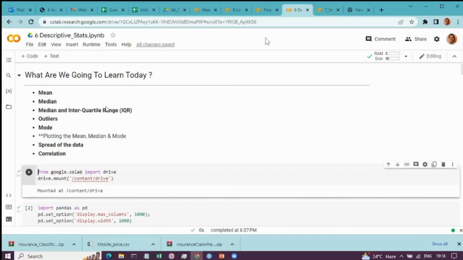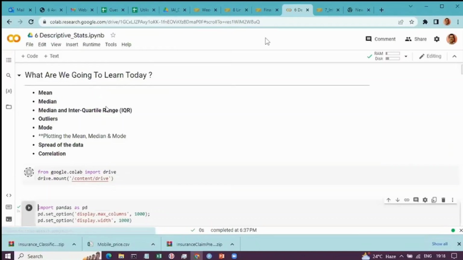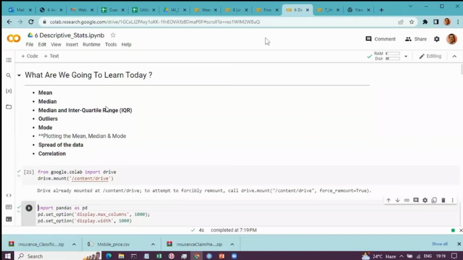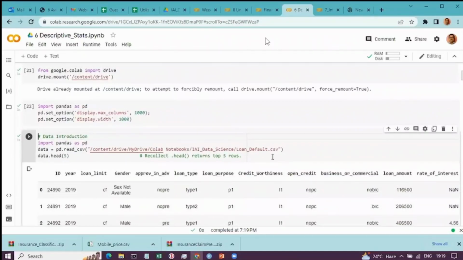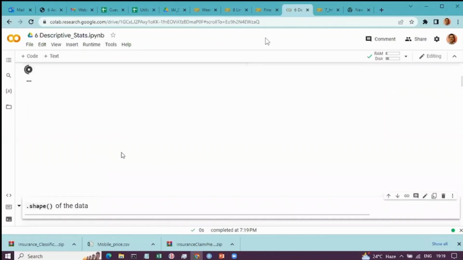So we are simply connecting to our data. It is there in my Google Drive, so I am connecting to my Google Drive and loading the loan default data. I'm loading it using the pandas read CSV command, and looking at the first few observations.